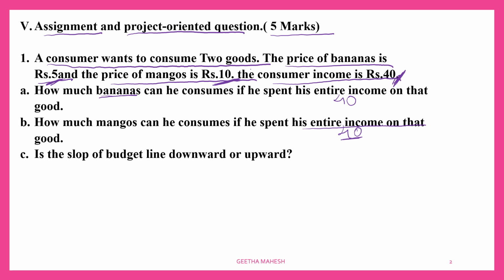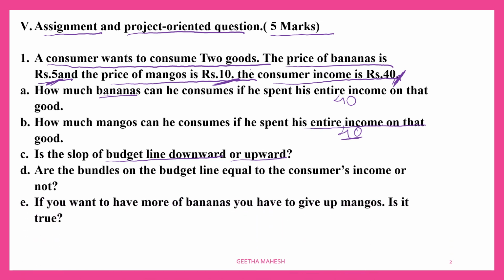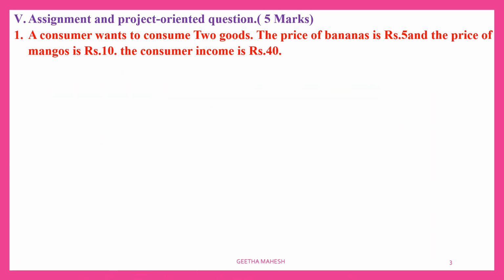Is the slope of the budget line downwards or upwards? Are the bundles on the budget line equal to the consumer's income or not? If you want to have more of bananas, you have to give up mangoes. Is it true? Now let us discuss the answers to the questions.